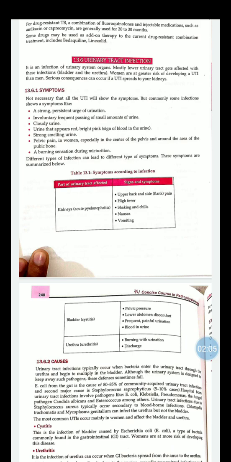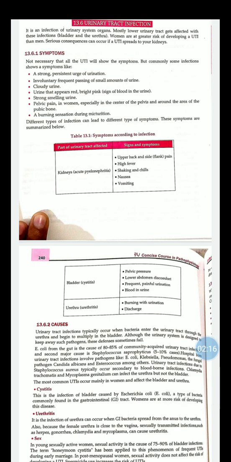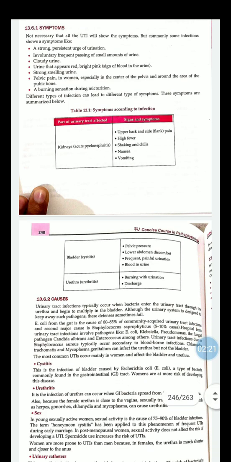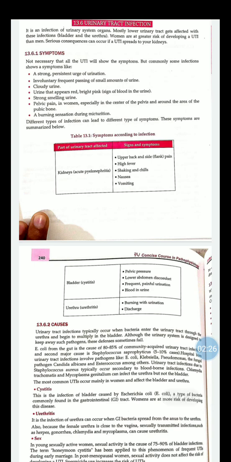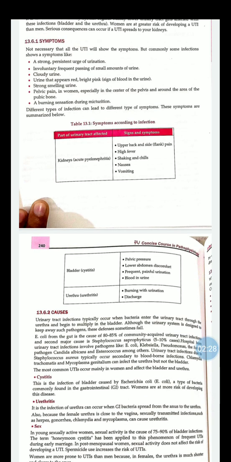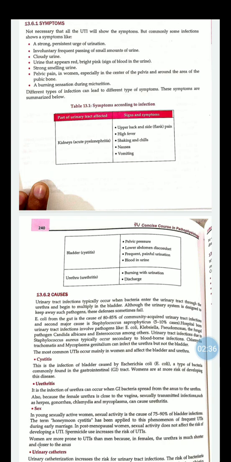Second, involuntary frequent passing of small amounts of urine. Then cloudy urine. Then urine that appears red or bright pink, a sign of blood in the urine. Then strong-smelling urine. Then pelvic pain in women, especially in the center of the pelvis and around the area of the pubic bone. Then a burning sensation during micturition, that is, during urination.